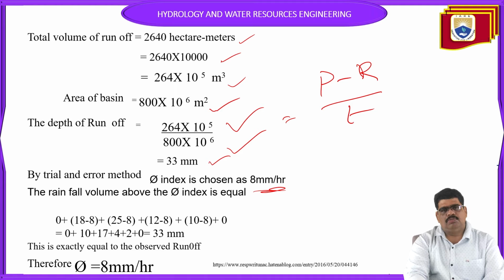That is equal to 0 plus 10 plus 17 plus 4 plus 2 plus 0. By adding all this, we get a value of 33 mm. This is exactly equal to the observed runoff.